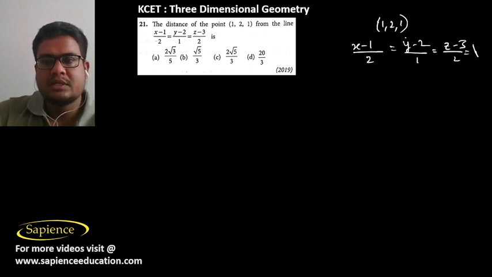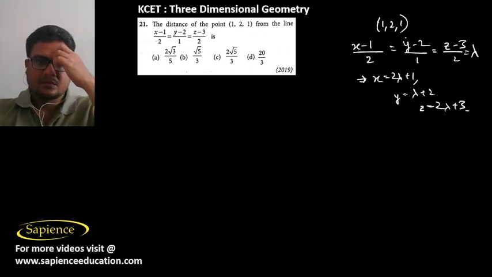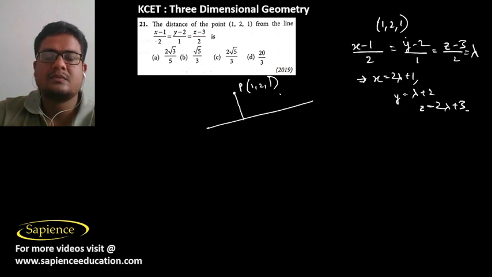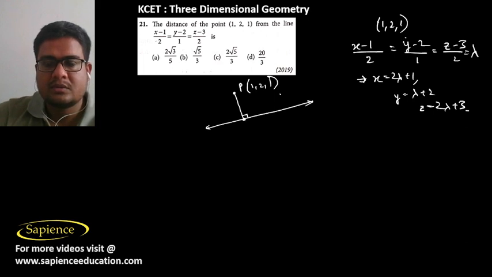So any point on this line, I can say this is equal to lambda, so x will be equal to 2 lambda plus 1, y will be equal to lambda plus 2, z will be equal to 2 lambda plus 3. This is the line and this is the point P, which is (1, 2, 1). So the perpendicular distance of this point P from the line is what we have to find. Any point on this line is 2 lambda plus 1, lambda plus 2, 2 lambda plus 3.